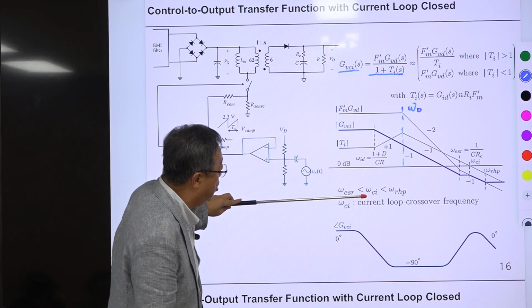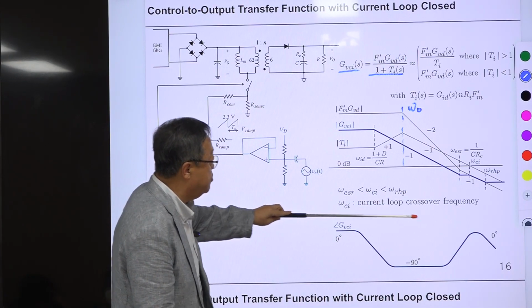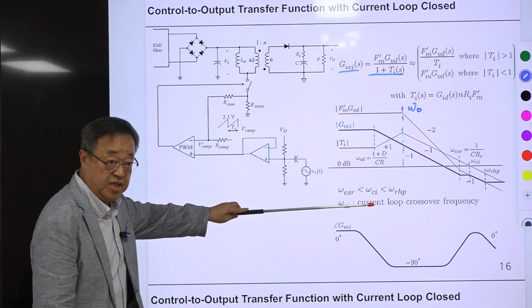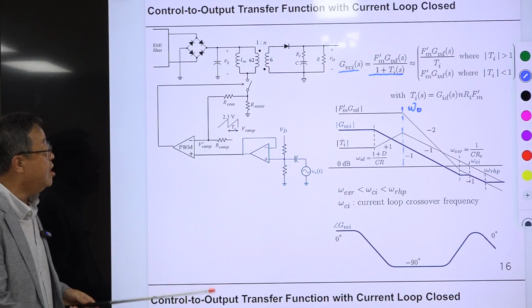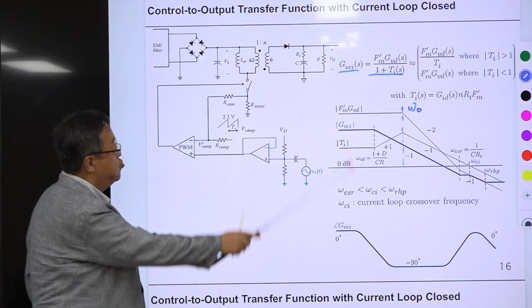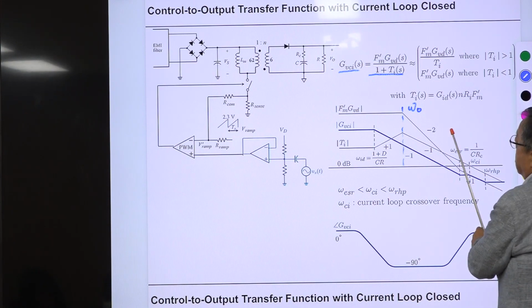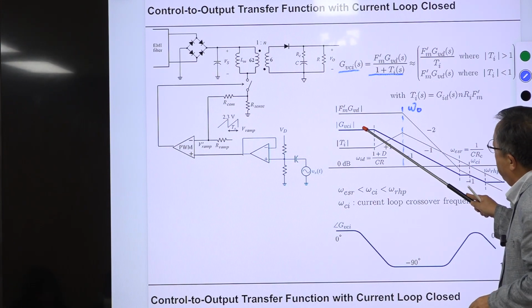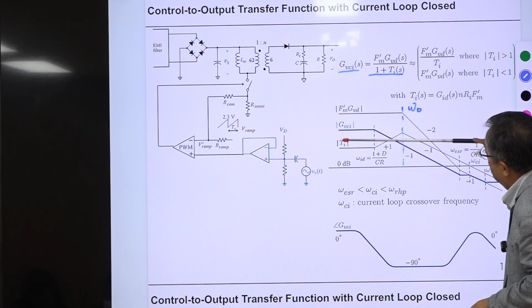Omega ESR is coming first, and omega RHP is coming later. In between, there is omega CI. Omega CI is the current loop crossover frequency. So based on our rule, up to this point, this is GBCI, the magnitude is generated by subtracting this curve by this one.